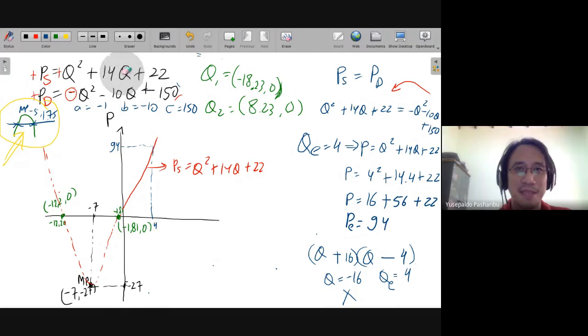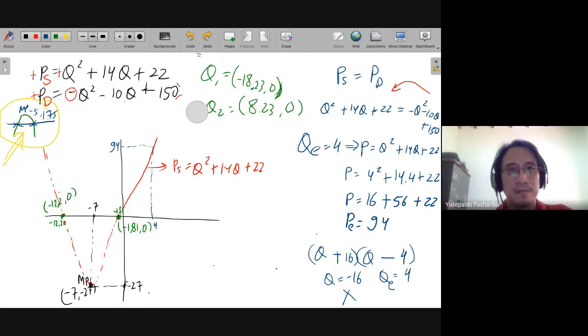Let me erase this. We must be careful. I need 175, and 175 is quite far there.